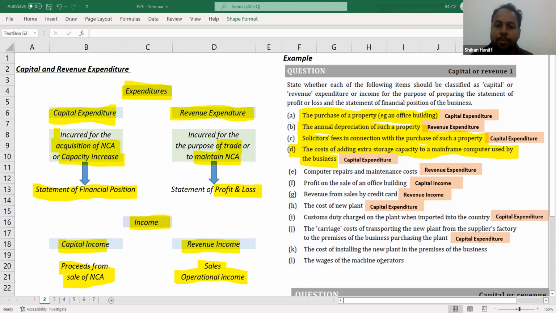The cost of installing the new plant in the premises of the business. That is also capital. Finally, the wages of the machinery operator.